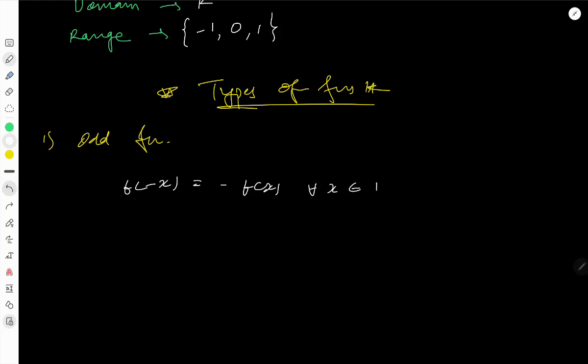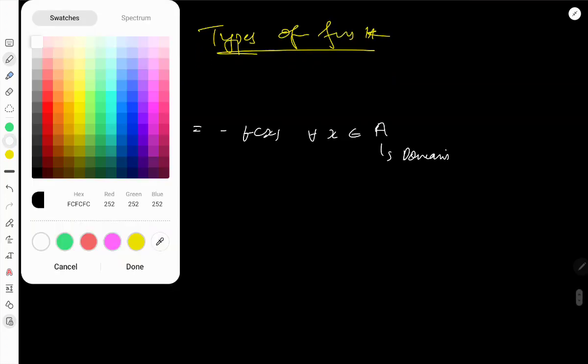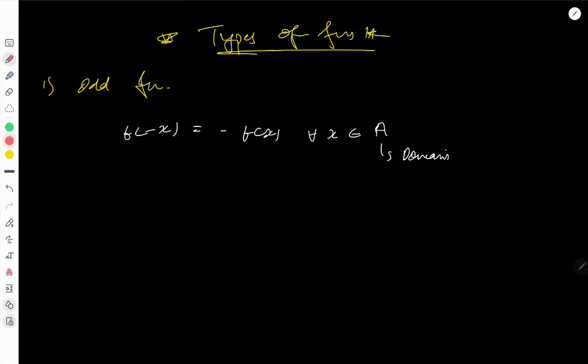Let us define it properly: for all x belonging to A, that is the domain. This is a very important equation that you should not at all forget.